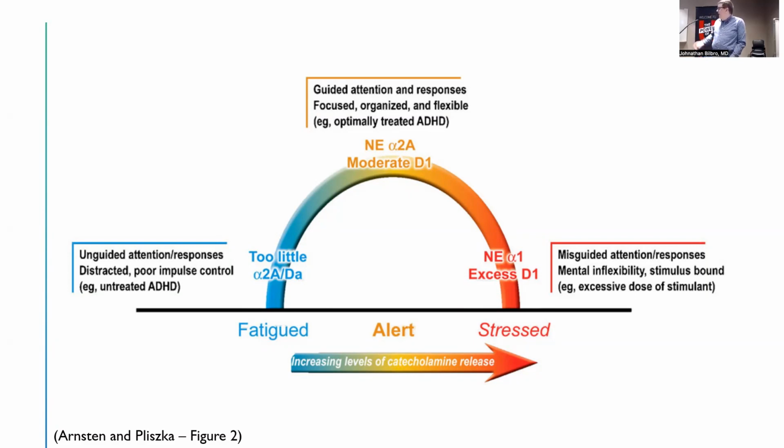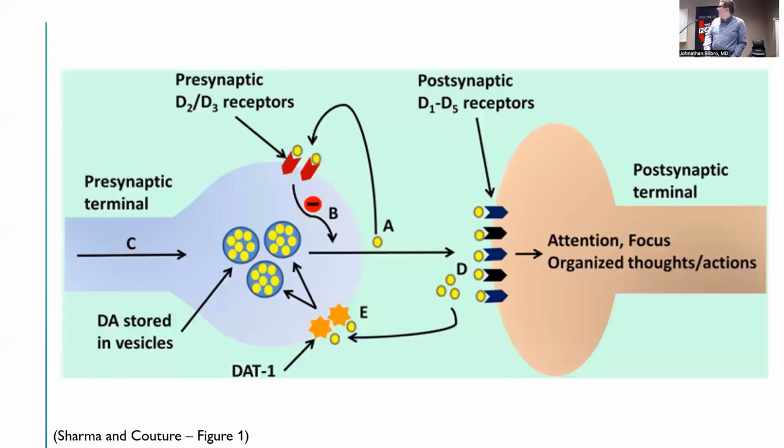In the middle, you've got moderate levels of dopamine and norepinephrine activity, which is associated with the alert state. This is when folks have guided attention, they're focused, they're organized, they have a good mental flexibility. So it's kind of like a Goldilocks principle, right? It's not too little, not too much. You've got to find the levels of dopamine and norepinephrine that are just right to facilitate attention.